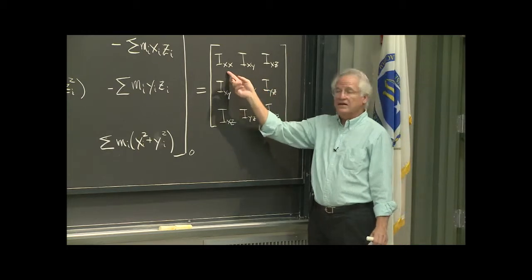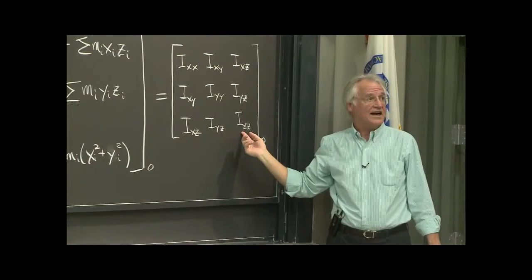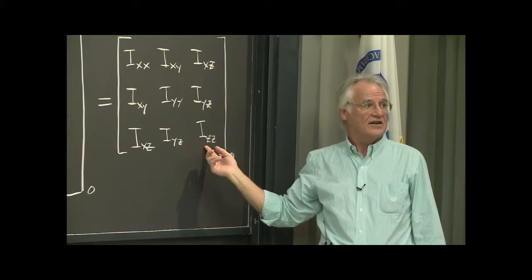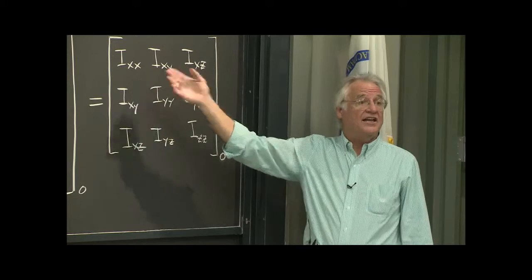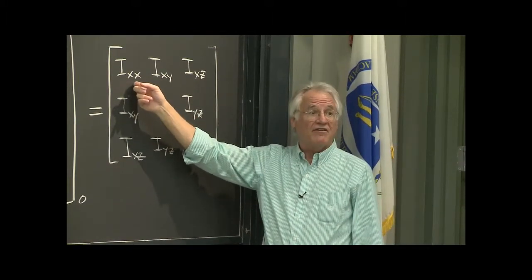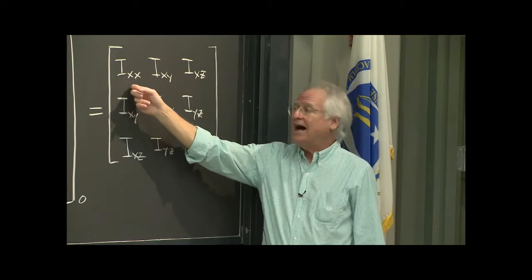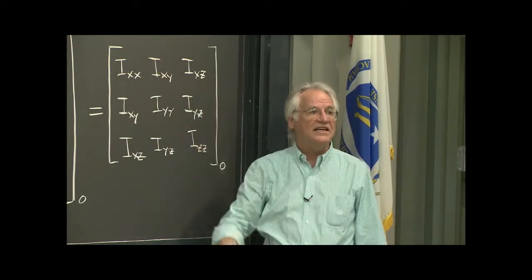You notice again, Larry, I hope you can read. Can you read that? That's IZZ. Anyway, the 9 numbers that comprise the moment of inertia matrix have symbolic names IXX, IXY, IXZ.